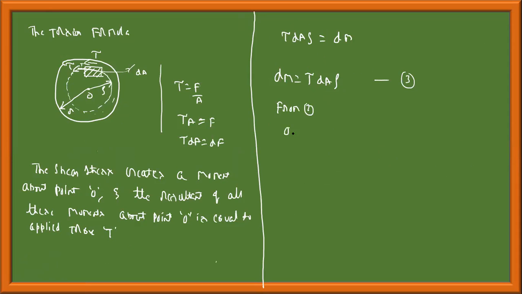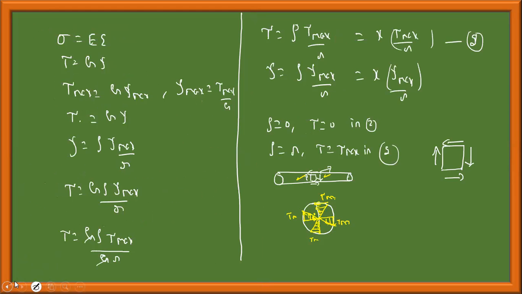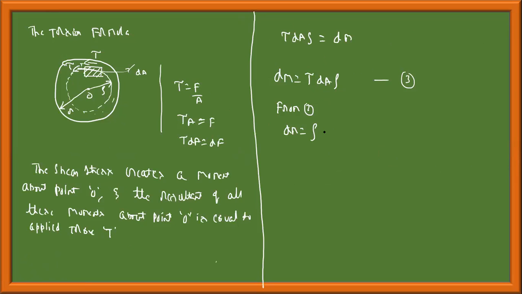So dM is equal to rho into rho tau max by r into dA, which is rho square tau max by r into dA.